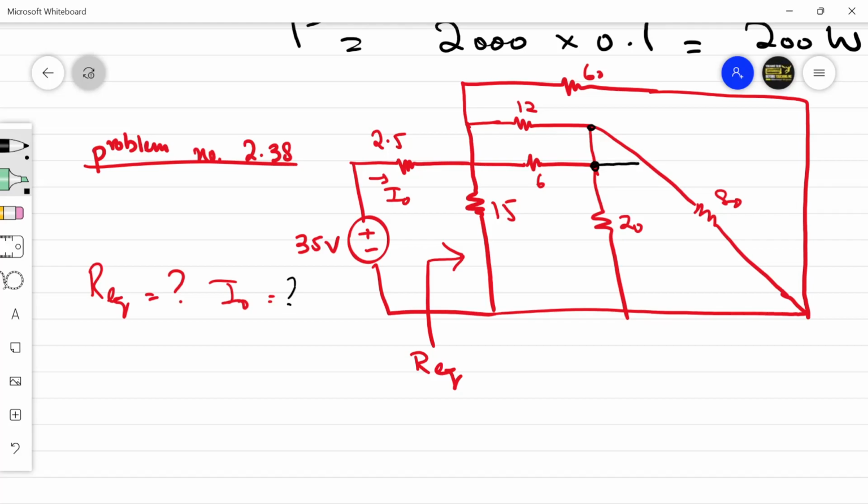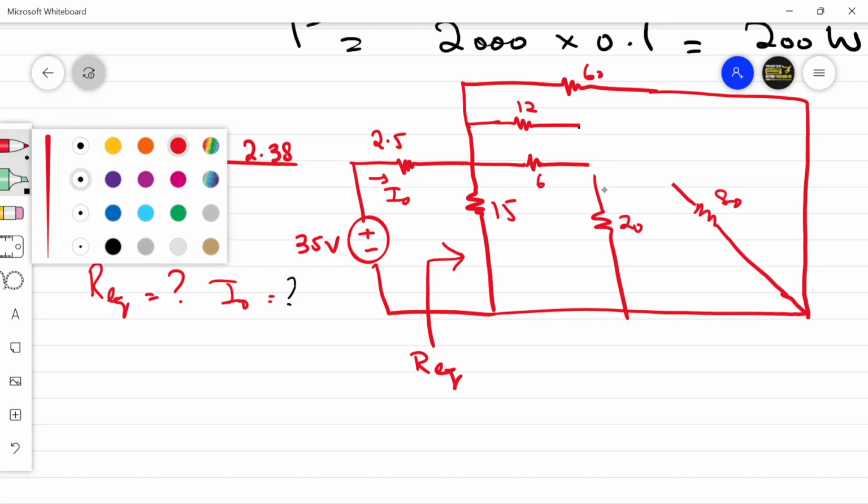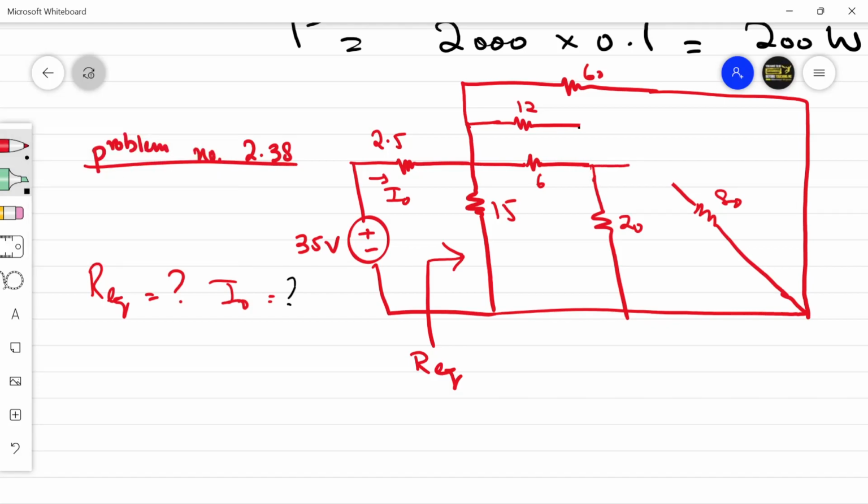So you can actually say this circuit is connected like this. So you can actually ignore this particular portion of the circuit. So it becomes as good as this. Fine. So now you have 20 and 80.